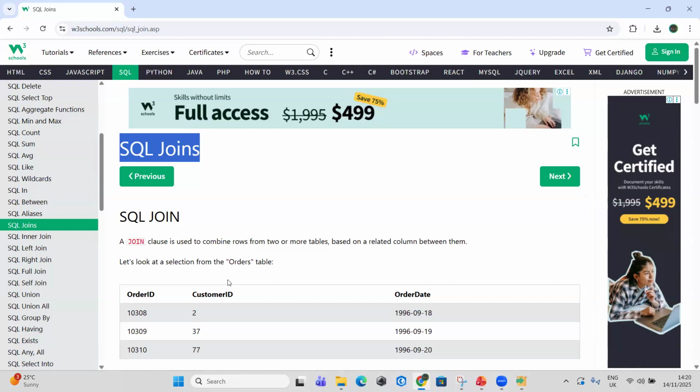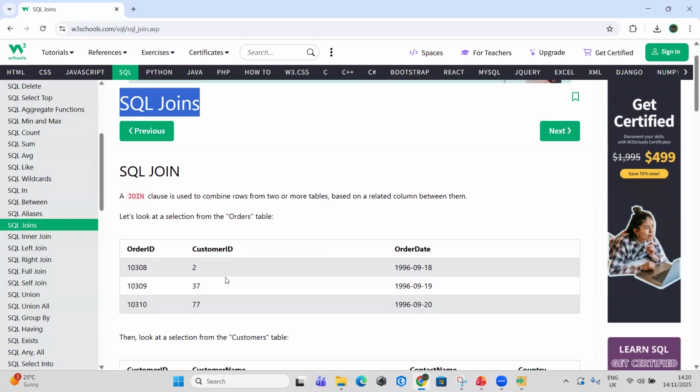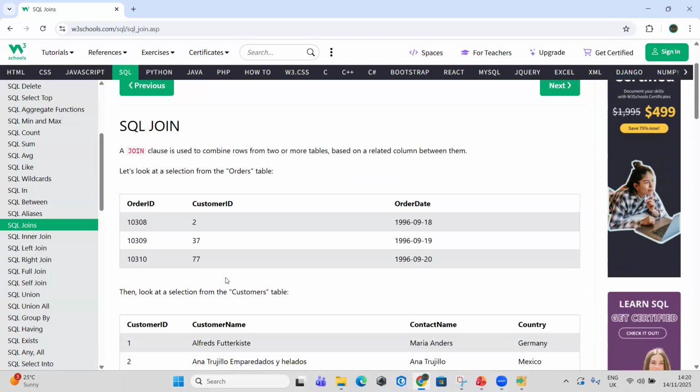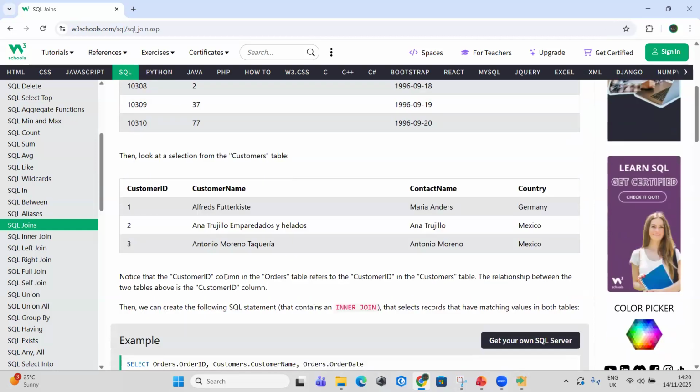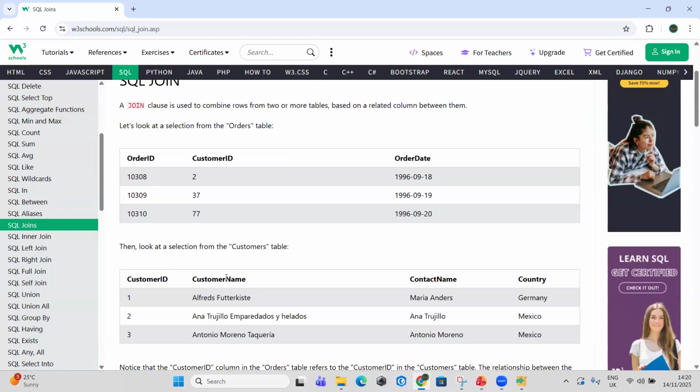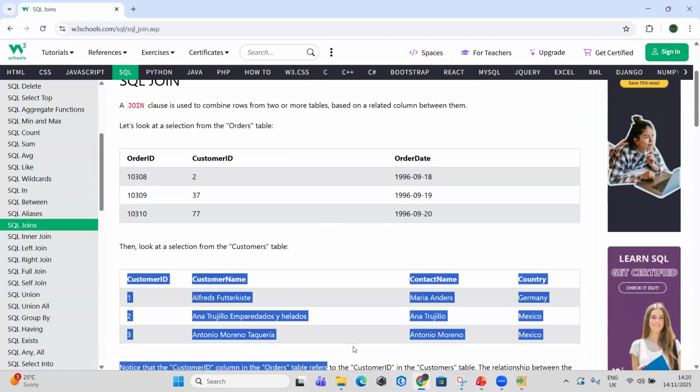You understood it, right? Okay. So, for example, this is an orders table and this is a customers table.